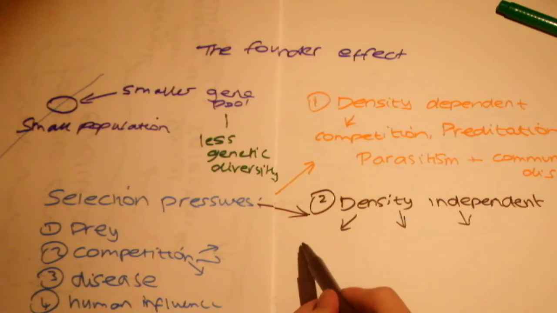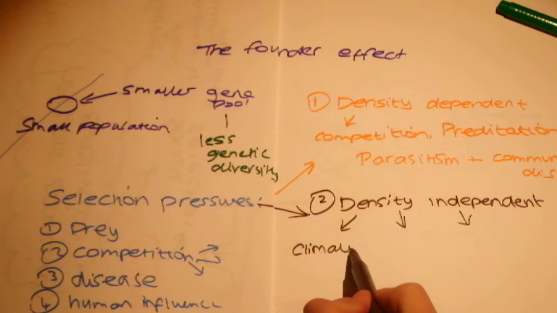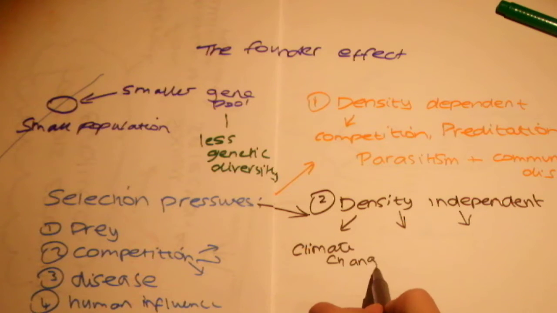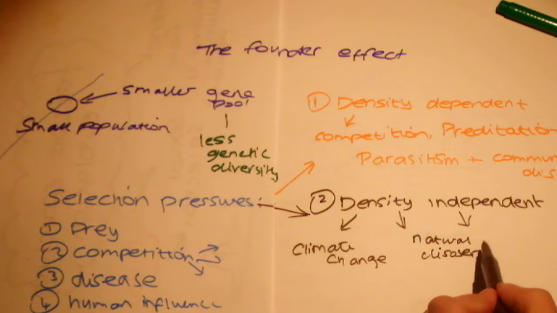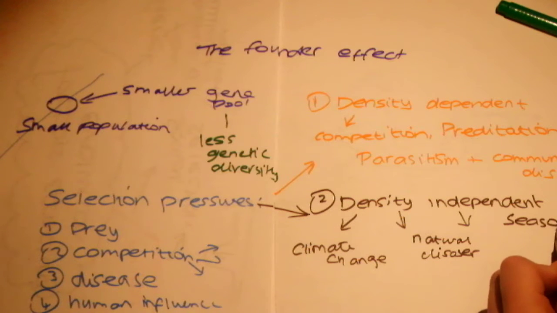These are the ones that are climate change, natural disasters, and even seasons, things that don't depend on how many of you there are.